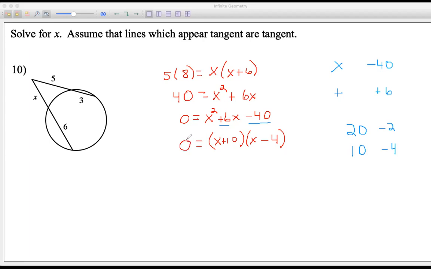The zero product property says when 2 things multiply together to give 0, either the first one is 0, the second one is 0, or they're both 0. So you set them both equal to 0. When you set both x plus 10 equal to 0 and x minus 4 equal to 0 and solve them, what do you get?